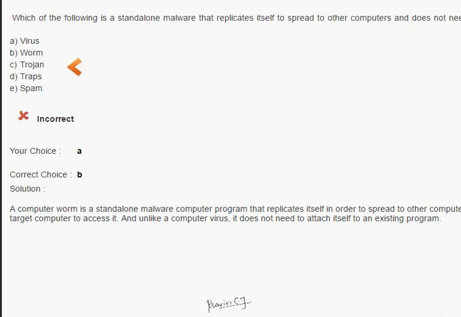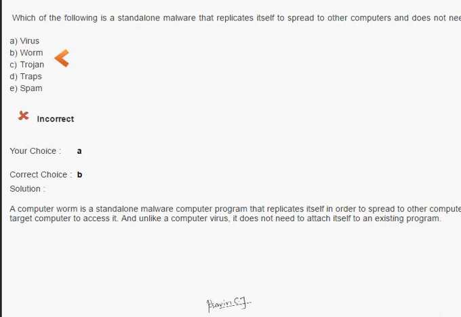Something different is shown from what is exactly happening. That is regarding the Trojan. Trap is a term regarding network security, but it is not the answer for this question.